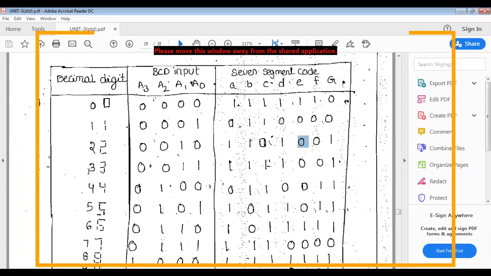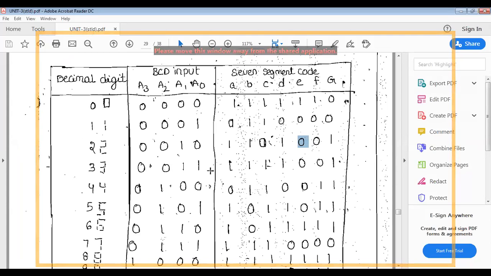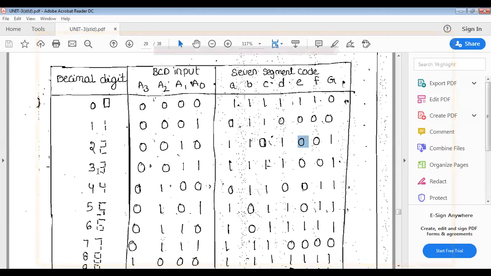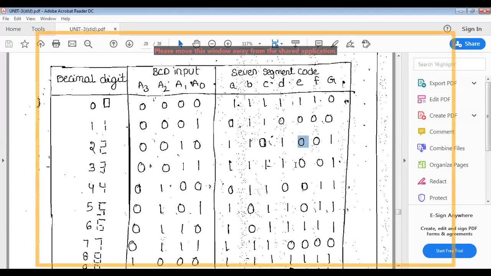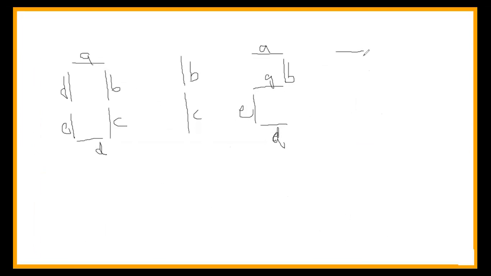Now coming to the 3. How can we get the 3 on the output side by taking the BCD inputs 0, 0, 1, 1? For 0, 0, 1, 1, only E and F are zeros. You see here, E and F are zeros. Let us see that also. To get the 3, A is on, B is on, C is on, D is on, and G is on.